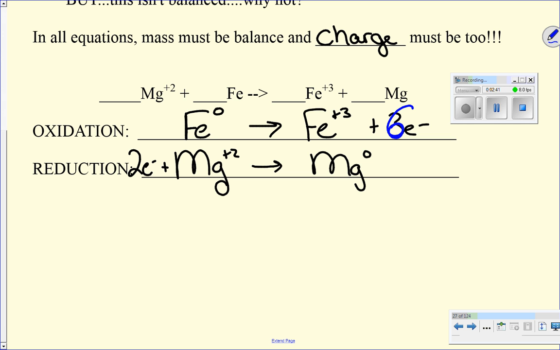That will change this into a 6, and we'll put a 2 here and a 2 here. For our reduction, we multiply everything by 3, so it's 6 electrons here. What that tells me is that back up in my reaction, I should have all along had a 3 in front of magnesium, and a 2 in front of iron.